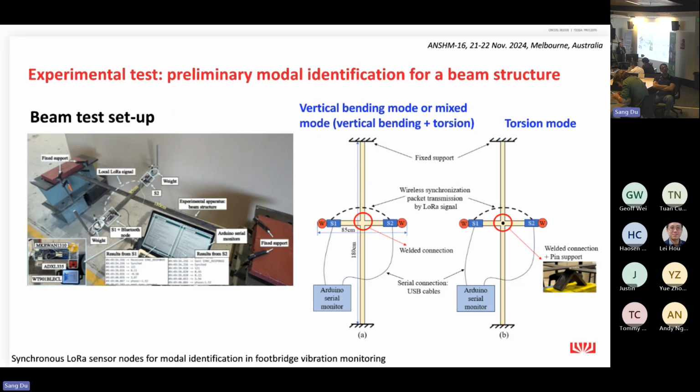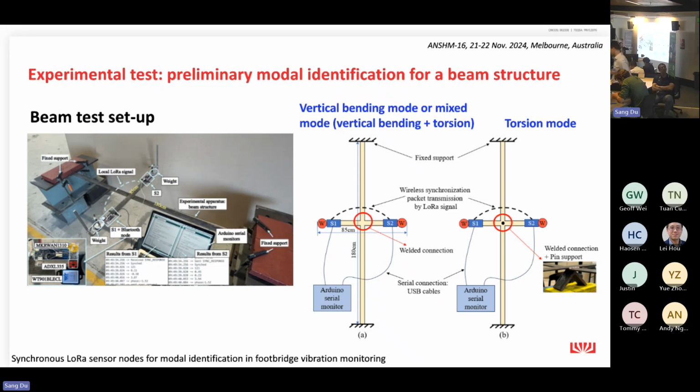So here is the beam that we used to do model identification. This is a cross beam, and both ends of the long beam were fully fixed, and the two LoRa sensor nodes were attached on both ends of the cantilever arms of the short beam.